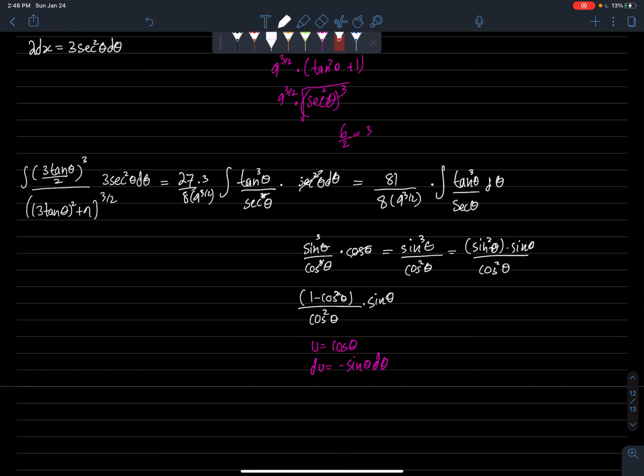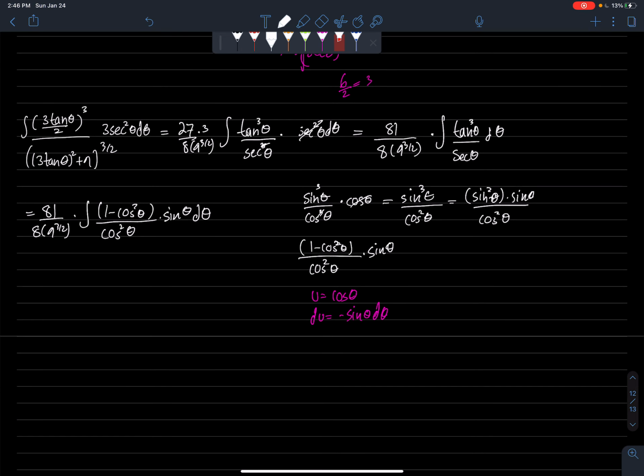So now knowing that, let's rewrite this nicely. 81 over 8 times 9 to the 3 over 2 times the integral of 1 minus cos squared theta over cos squared theta times sine theta d theta, right? So now after this, let's make that u substitution we just did.